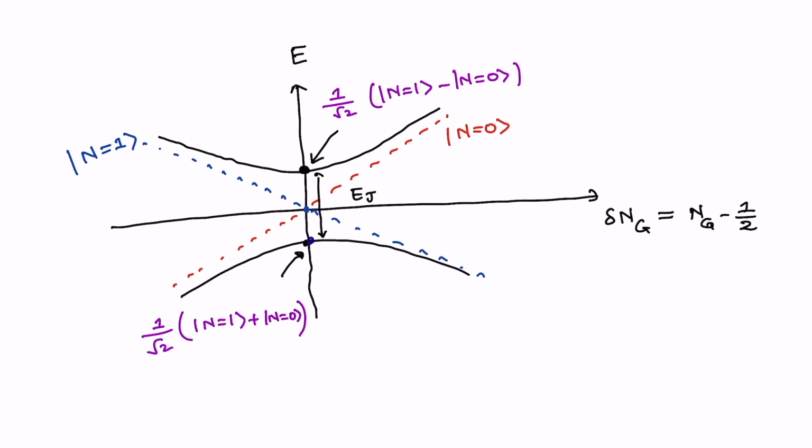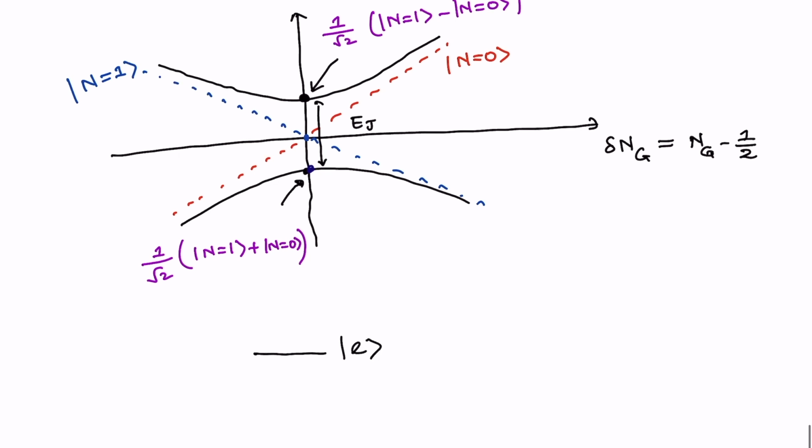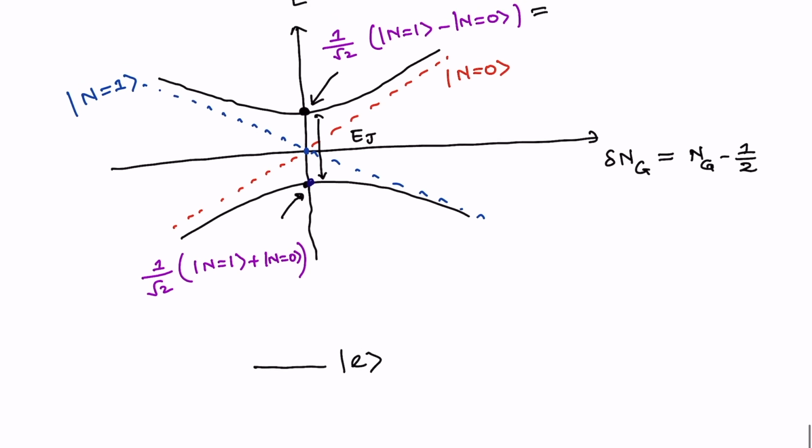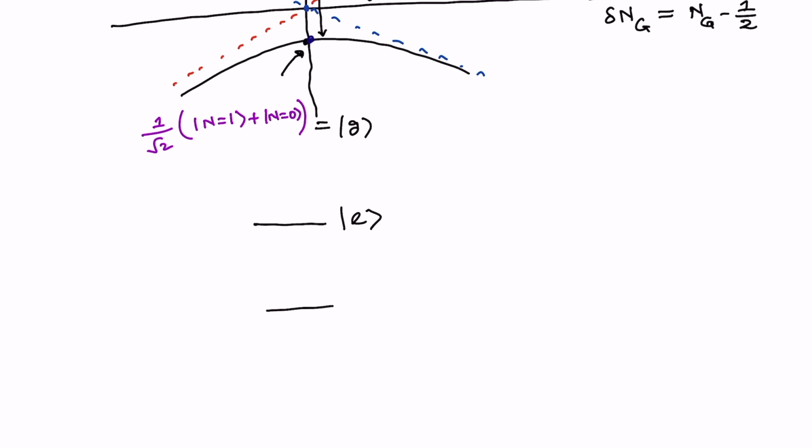So if we focus around ng equal to 1/2, then we can have a two-level quantum system where the upper energy state can be considered as |e>, the excited state, and the lower one is the ground state. So we have effectively a two-level system, ground state energy |g> and excited energy state |e>.